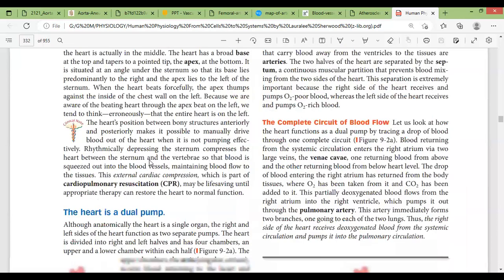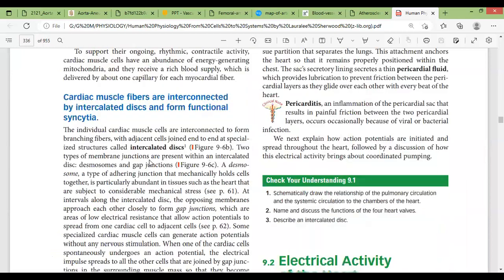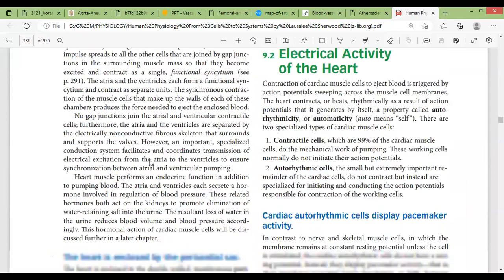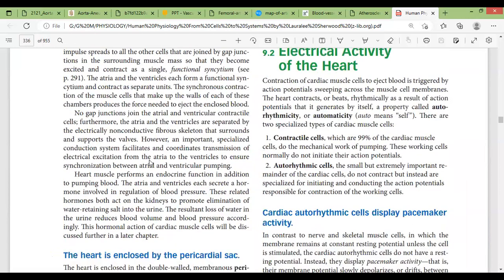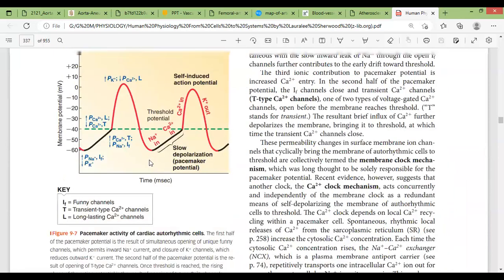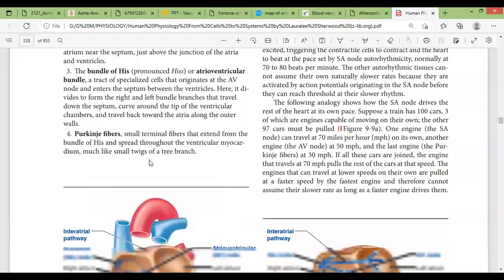So let's start with this: the job of the heart is to pump blood to the body, right? So how does it do that? We know the heart is made up of muscles, and those muscles have to contract so that the heart can pump blood. Someone mentioned the sinoatrial node, and the AV node, the bundle of His.